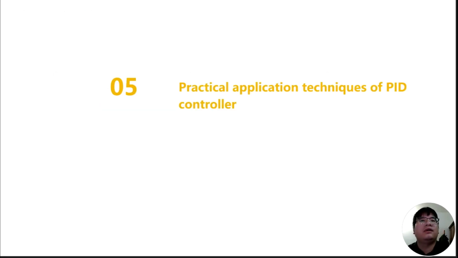Finally, in chapter 5, I would like to share with you some very useful tips for practical application of the PID controller, which may not necessarily be learned from books.